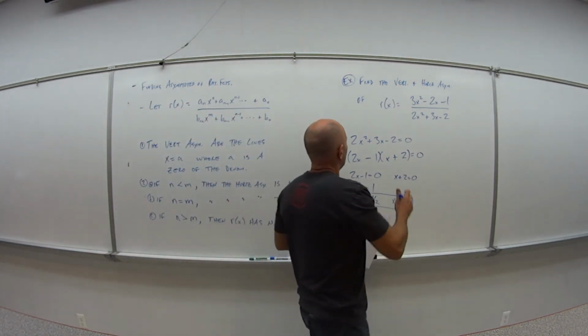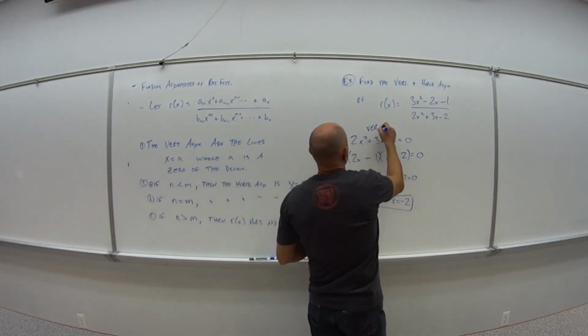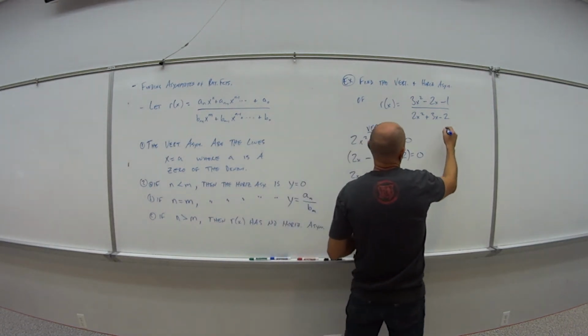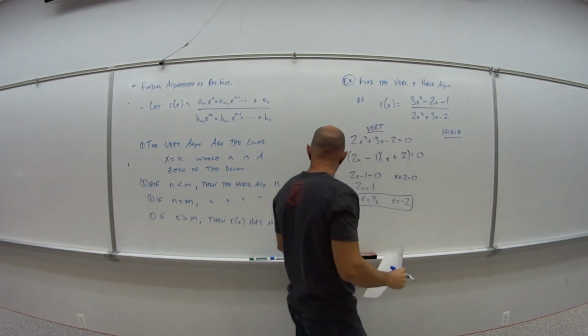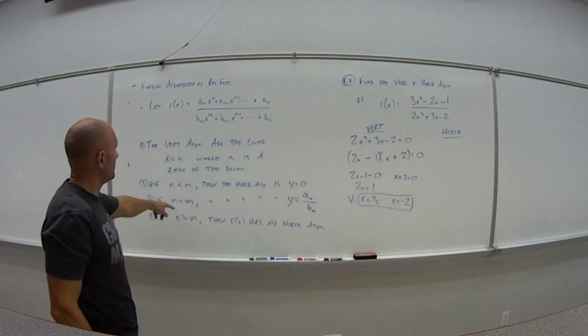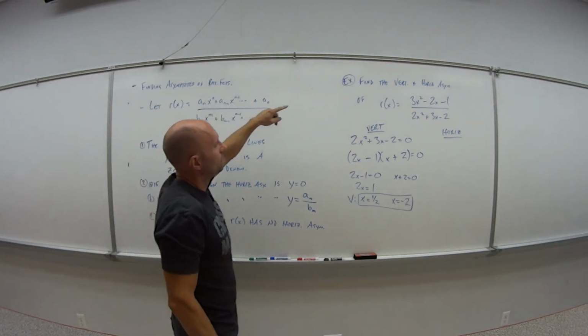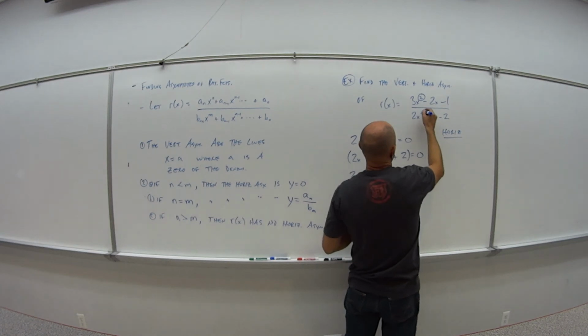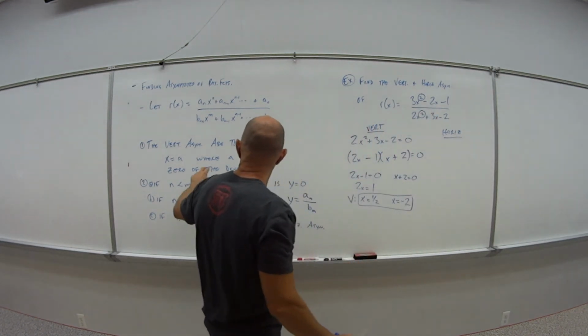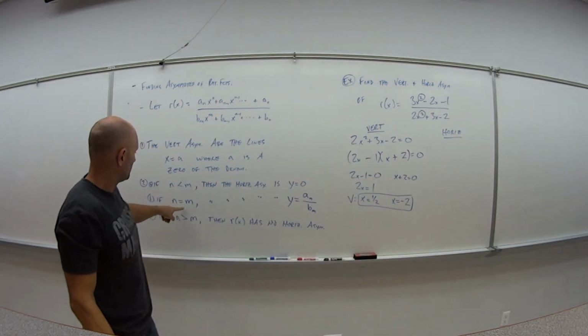How about the horizontal? So these were the verticals. We set the denominator equal to 0. For the horizontal, well, we look at the degrees of the polynomial. Highest degree here is 2. Highest degree in the denominator, also 2, which means that they're equal.